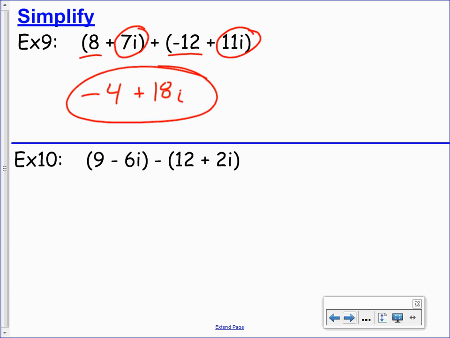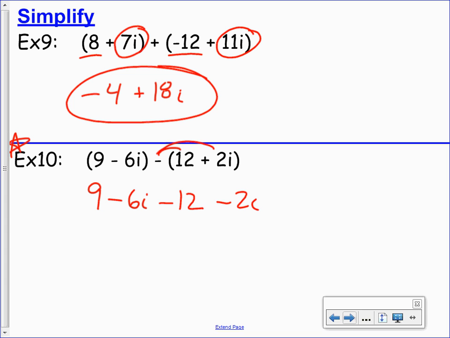10 is easy when it's sum. 9 is easy with sum. Number 10, put a star next to it, because it's just as easy with one little twist. Make sure you distribute the negative. Once you distribute the negative, you can get rid of the parentheses. So it's just 9 minus 6i minus 12 minus 2i.